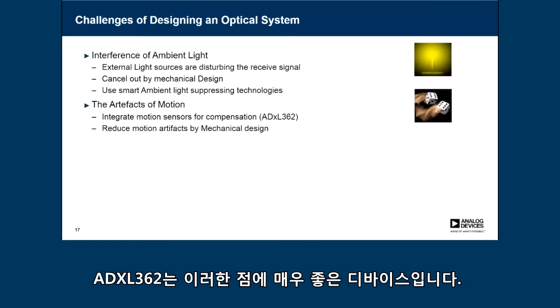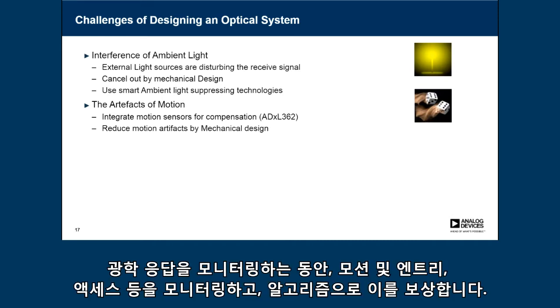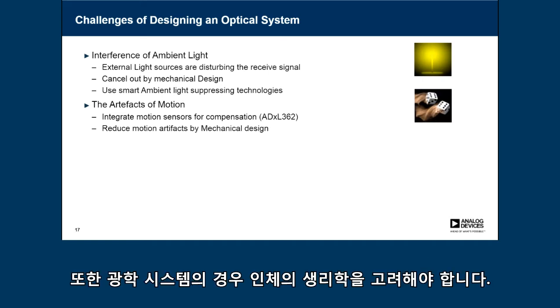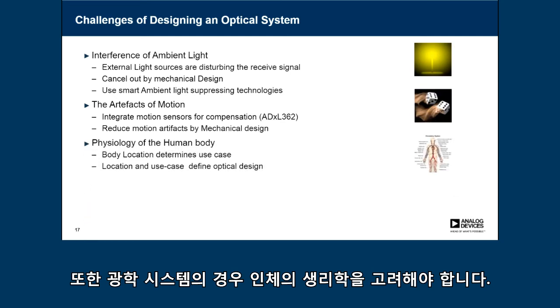And the ADXL362 is a very good part for that. So while we monitor the optical response, we monitor also motion in 3 axes, and we compensate for that with an algorithm.